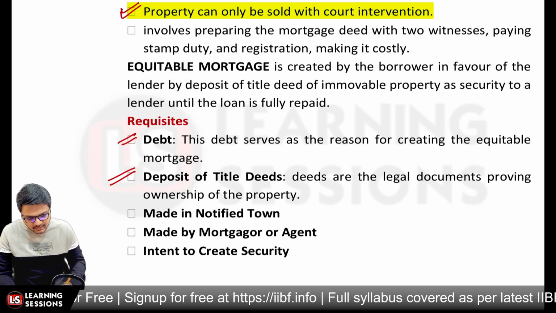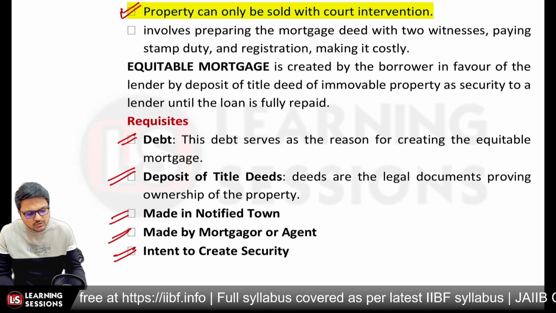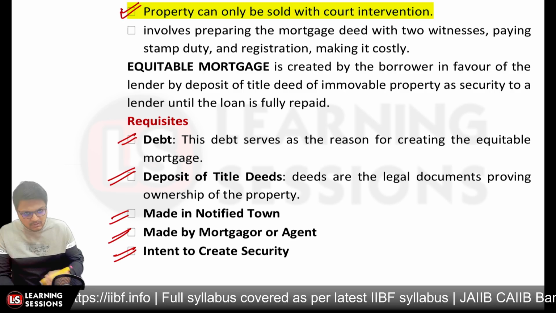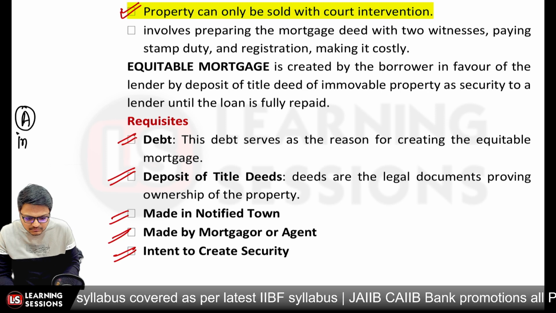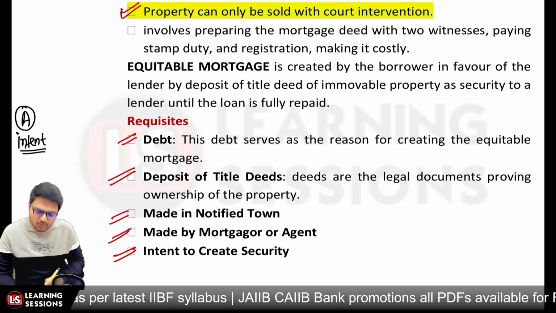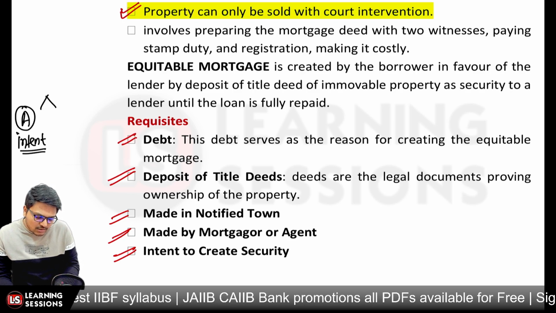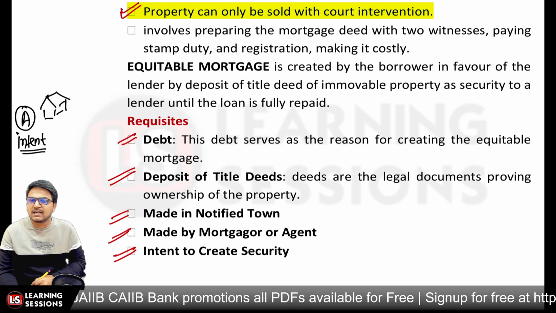The intent must be given, like I told you, that if person A wants to create an equitable mortgage charge, in that scenario person A must be giving the intent that person A wants to create a charge on the property, right? So that's the case.